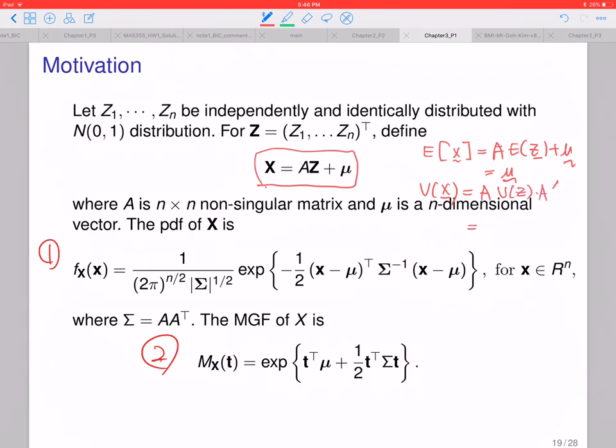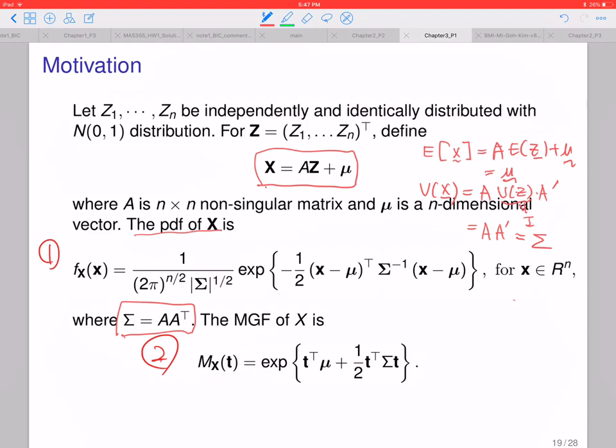By the way, variance of Z is the identity matrix, so this is A A prime. We can call this sigma. So sigma is the variance covariance matrix of the random vector X, and then we can derive the PDF of X from the PDF of Z, and this is the answer.